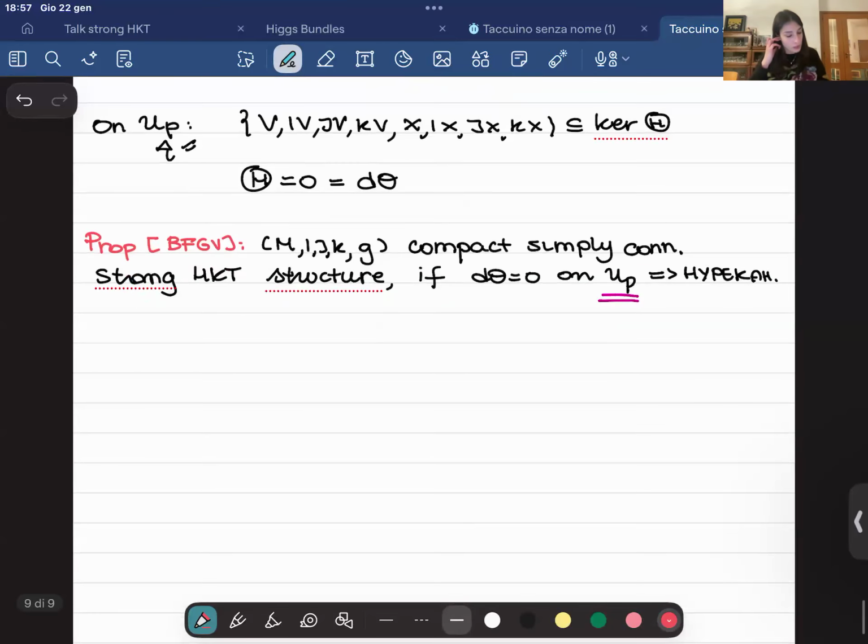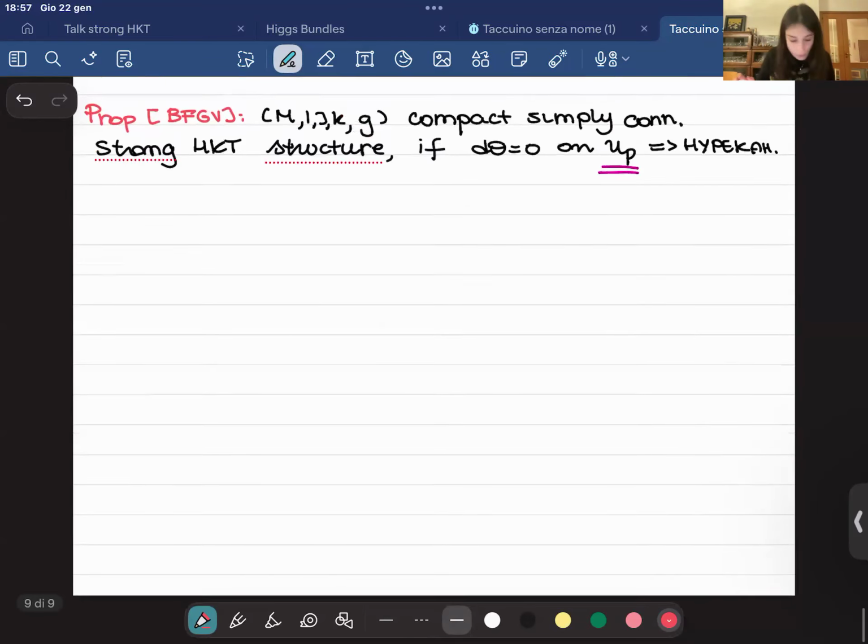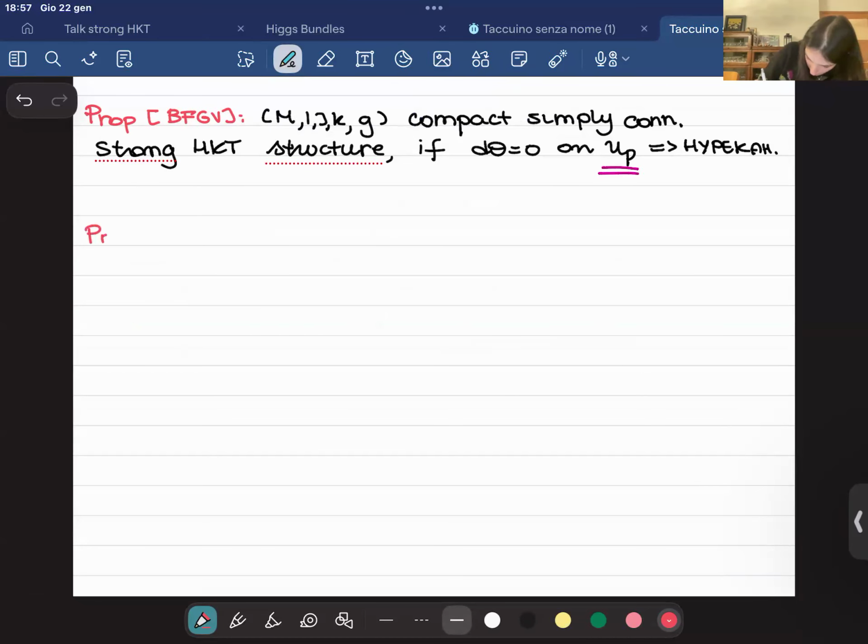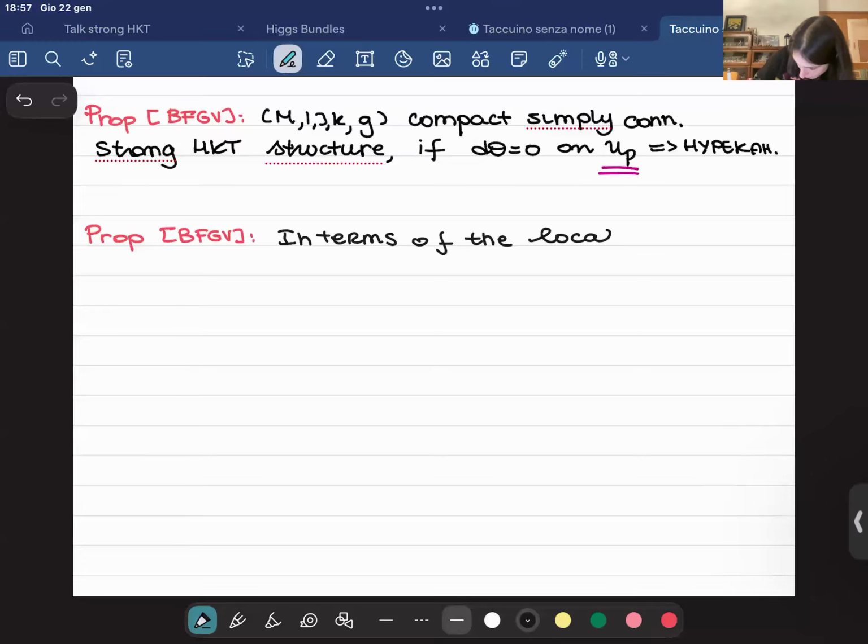And let me mention only this proposition that I was telling you, linking the local theory of the HKT potential with the geometry of this vector field that I described to you. So in terms of the local geometry, for instance, my vector field dual form can be written in terms of two functions.